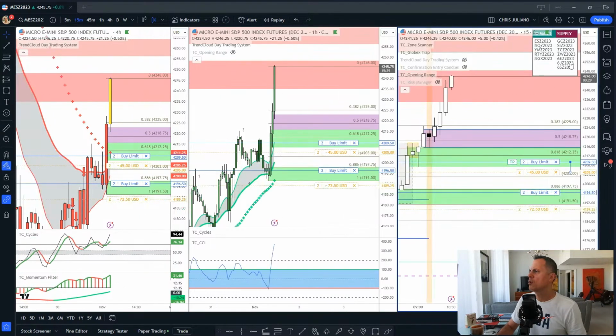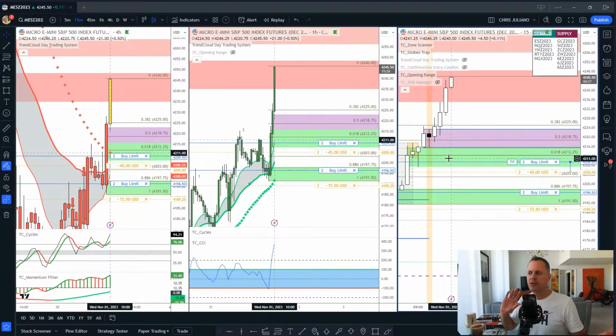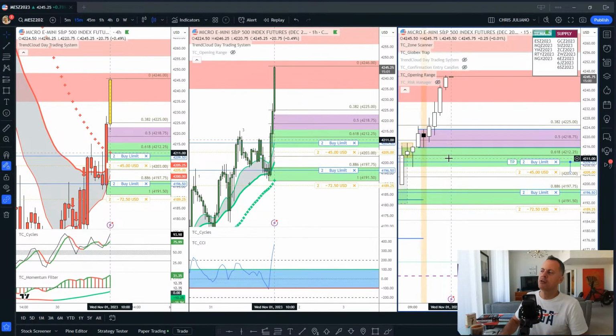So when you see a bunch of support levels bunched together, maybe you've got some Fibonacci lines in there, maybe a pivot point or the trend cloud component, when you've got these levels of support inside of your demand zone, it becomes more powerful. It's more information.